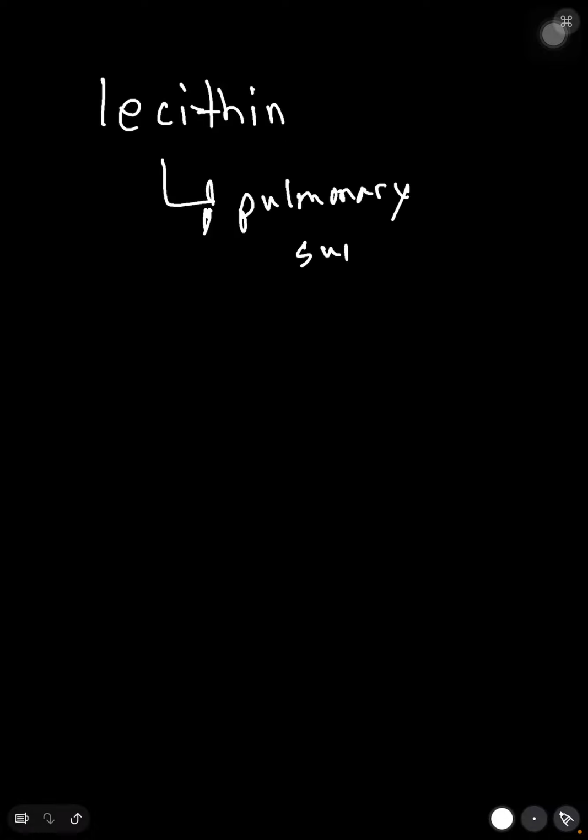as what we call a pulmonary surfactant. In your lungs, down deep in your alveoli, these are coated with these mucous membranes, and part of this is going to be lecithin, which is a pulmonary surfactant.